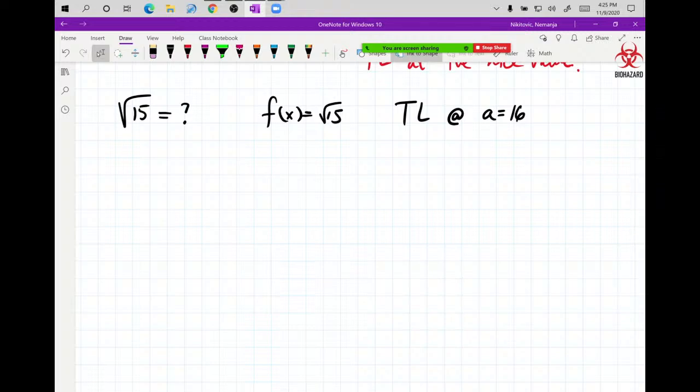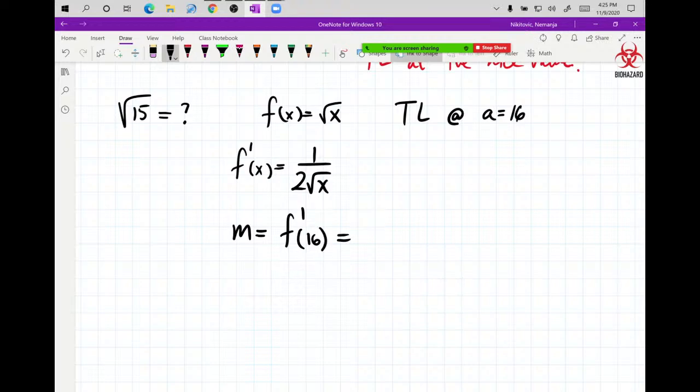Now we know the drill. For the tangent line, get the slope, all of that stuff. So let's start with the derivative. The function is root of x, so the derivative of root x is 1 over 2 root x. Slope is the derivative computed at what we called a nice value, because that's where we're computing our value.